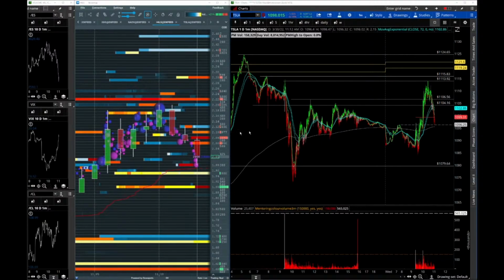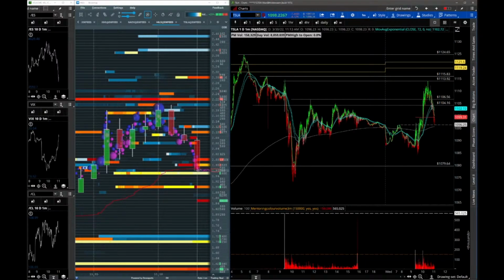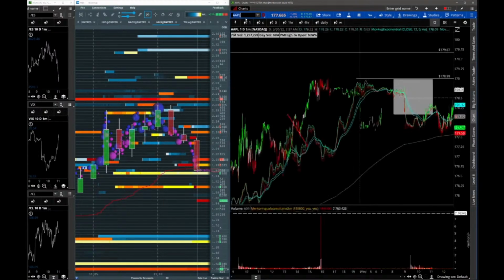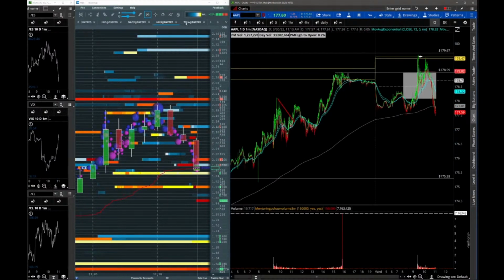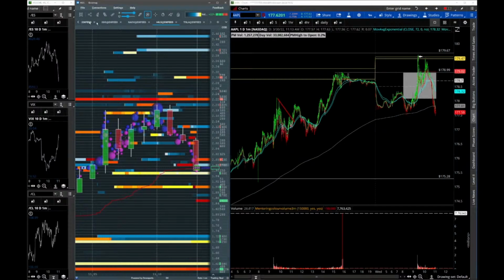More sellers over here, 208, so they're probably going to dump over here on HEELS. AAPL to the lows.